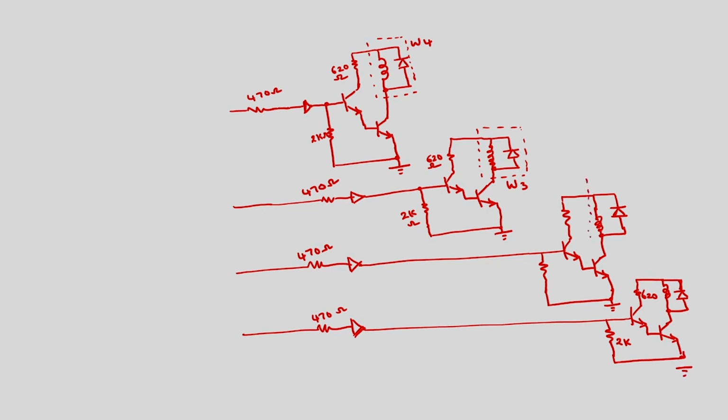This is W2. This is W1. These are called motor windings.